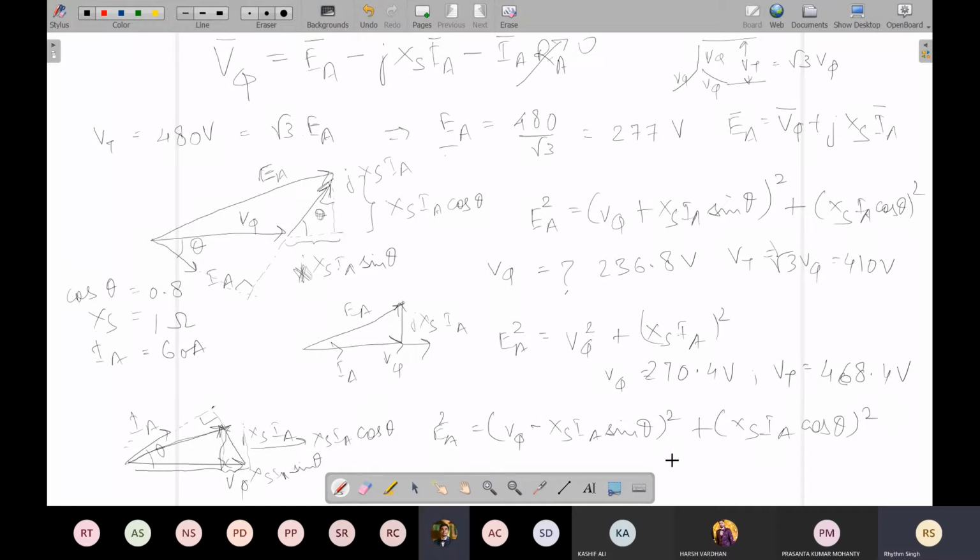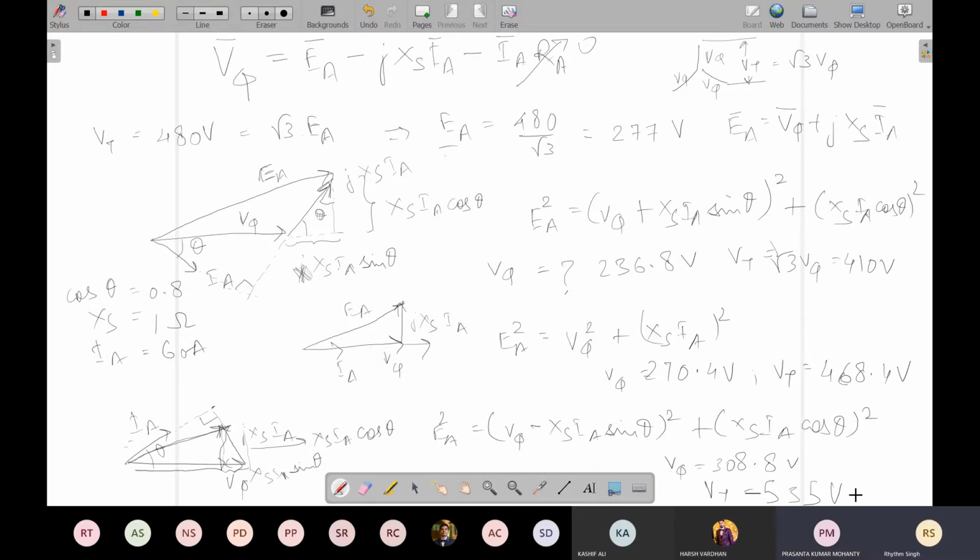And again, if you solve for it, you will get your V phi equal to 308.8 volts, and therefore your VT will be equal to 535 volts. That will be the answer for the third.